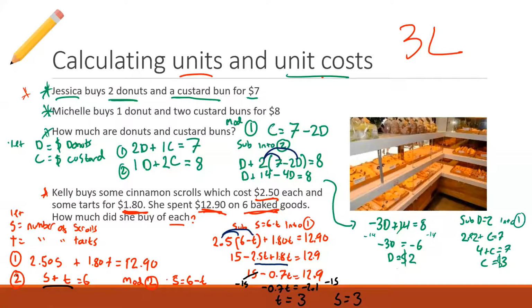That's the idea that I think is important for this: whenever you're given something with a price, you should be looking, are you trying to work out the units or the unit cost? If you're trying to work out the unit cost, then you'll probably have 2 different people buying things.